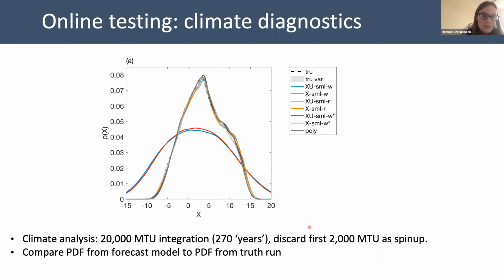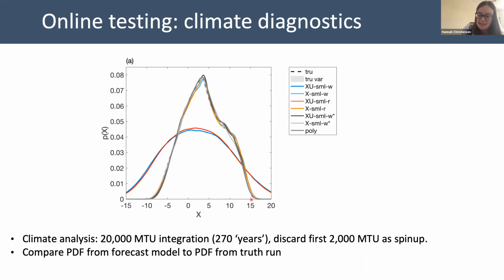What I'm showing here is the PDF of the predicted X variable compared to the truth, this dashed line here, for a subset of the models we tested. You can't really see the difference between many of the models. Two of the models are terrible, but many of the models are doing very well. So the main thing to take away is that we are doing a really very good job at capturing a lot of the details in this PDF with our GANs.